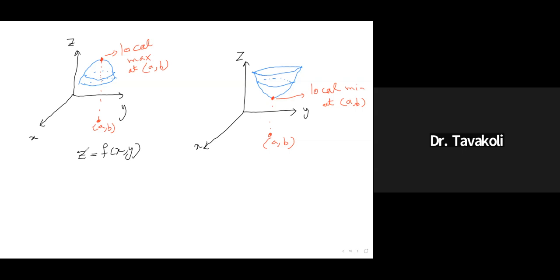So at (a, b), we have a local maximum. In the graph on the right side, suppose in a part of the graph we have that situation: there is a point which is the lowest point of that surface, and we have a local minimum.